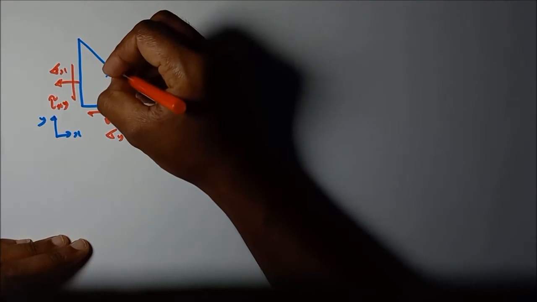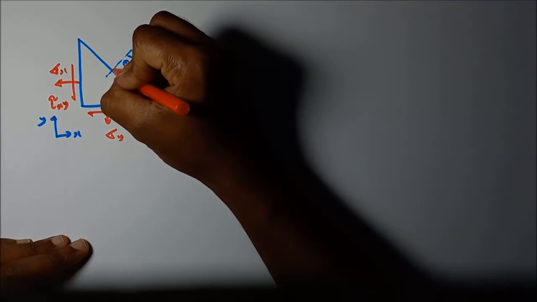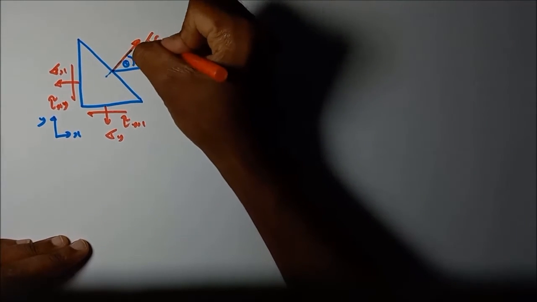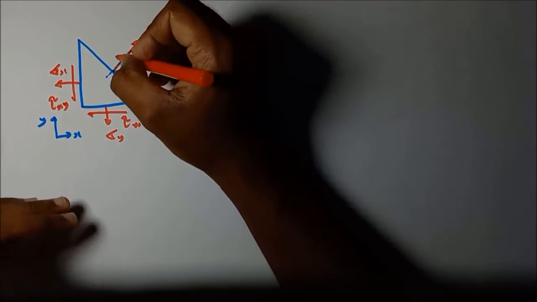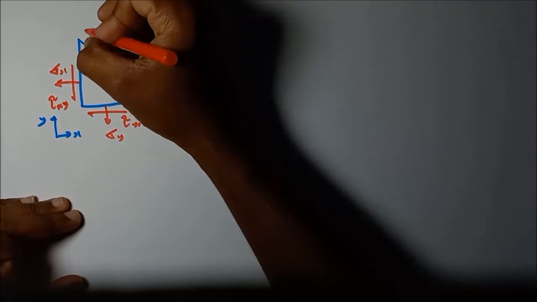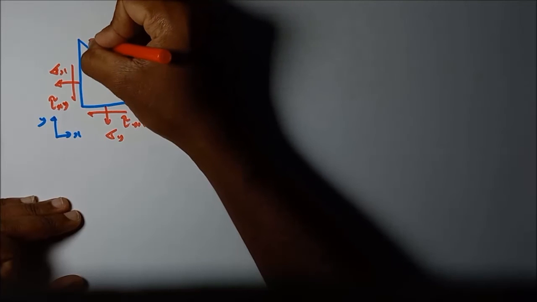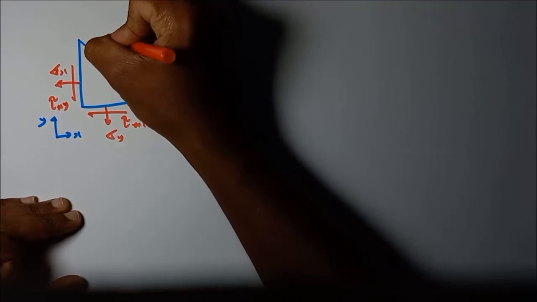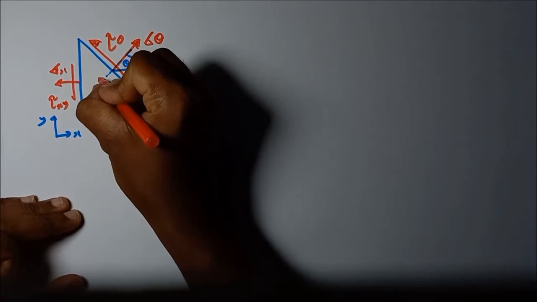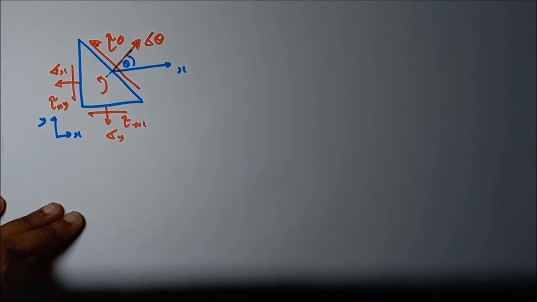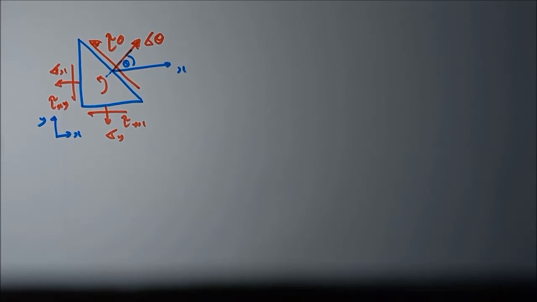It is the same for the normal stress: if the normal stress is acting outward from the considered plane, we take it as positive. This is sigma theta. Also, if the shearing stress tends to rotate the stress element in the anti-clockwise direction, we take it as positive. This is the sign convention we use in a biaxial stress system to mark the stresses on a stress element.